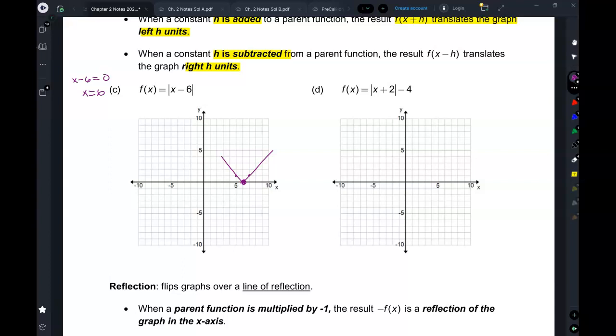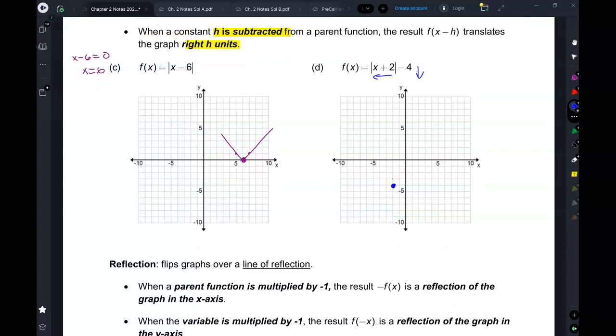Yeah. Okay, so where is this going to move our graph? The plus 2 moves it which way? Left 2. And the 4? Down 4. So from the 0, I go left 2, down 4 to that point right there. Okay, so before we even graph then, can we figure out where the vertex is going to be? It's going to be where?